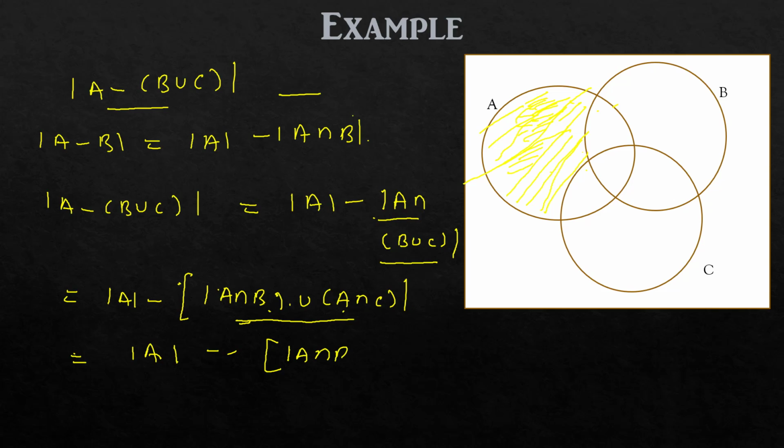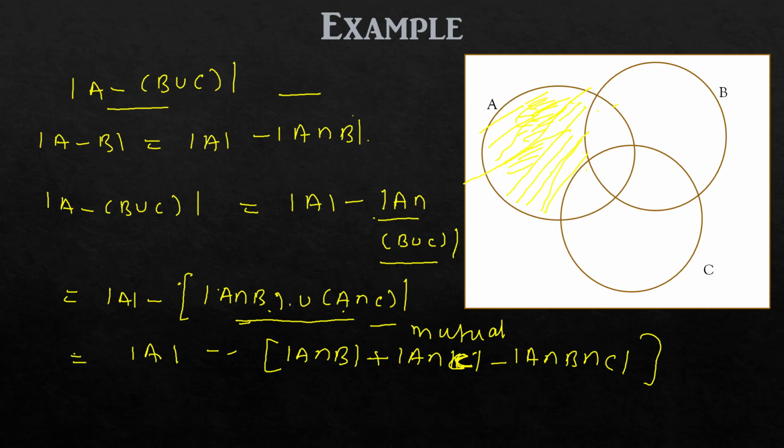A intersection B here, right? Then plus A intersection C, and the last term is minus A intersection B intersection C. So this is the inclusion exclusion principle for these two terms, that is A intersection B union A intersection C. So which principle are we using here? The inclusion exclusion principle.